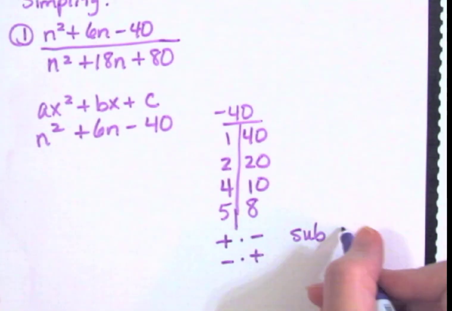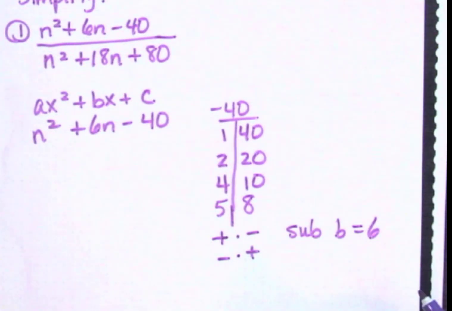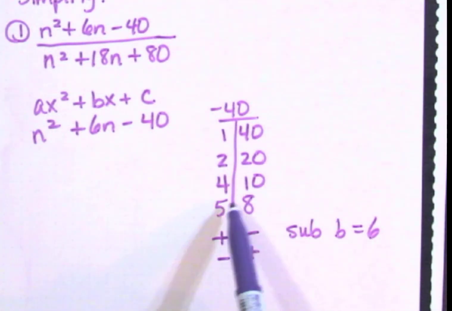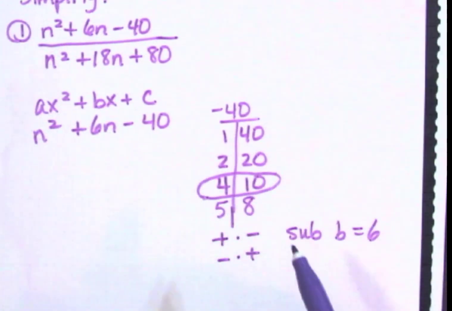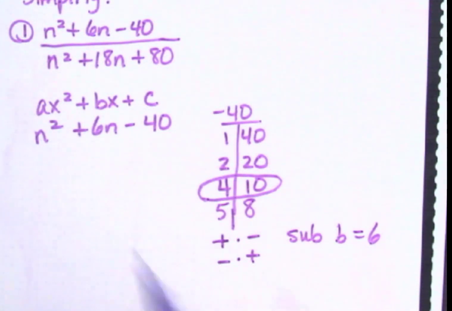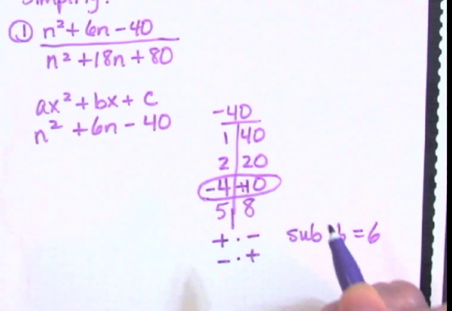So you always want it to subtract to give you b, and in this case, our b is 6. So as I'm looking through the factors, I need for them to subtract. I notice that 10 and 4, if I subtract those, I can get a positive 6. Now because I want a positive 6, that means I do want my larger number to be positive. So I'm going to have a positive 10 and a negative 4.